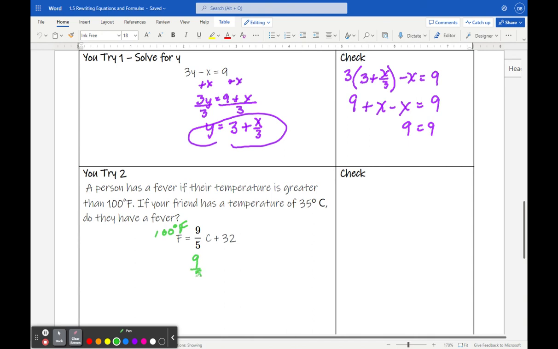So 9/5 times 35 plus 32. So 35 divided by 5 is 7. 7 times 9 is 63 plus 32. So that would be 95 degrees, which is less than 100 degrees. So you would say, no, they do not have a fever.